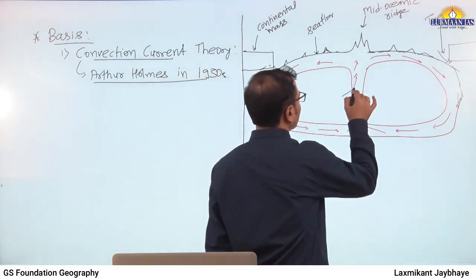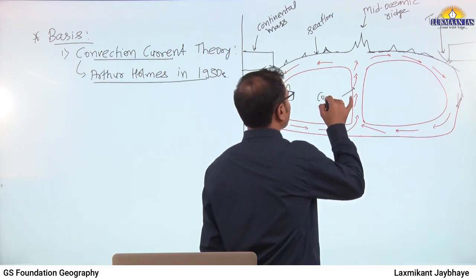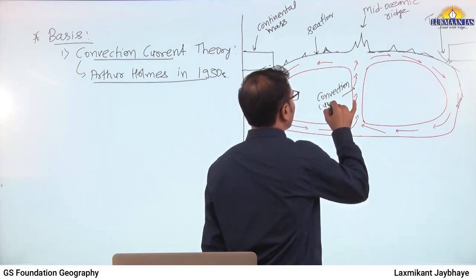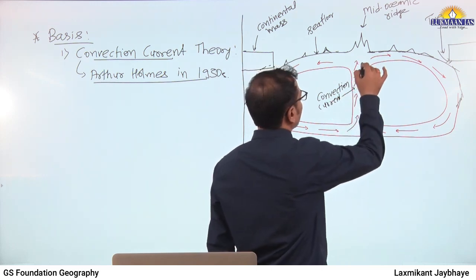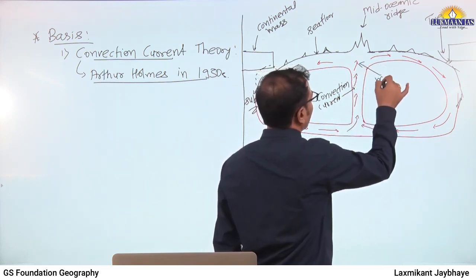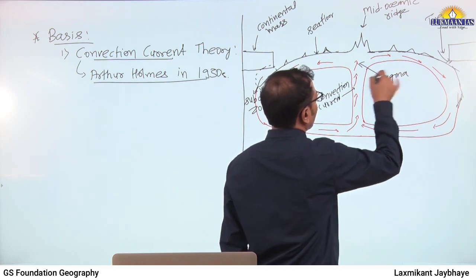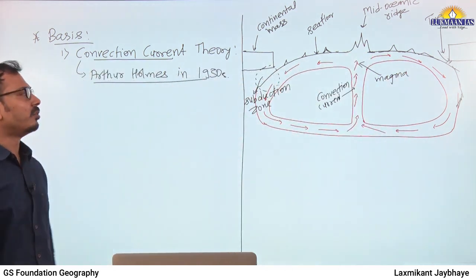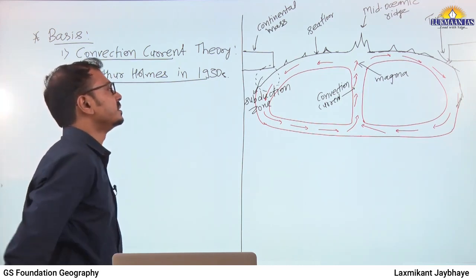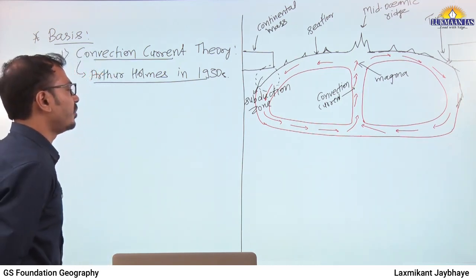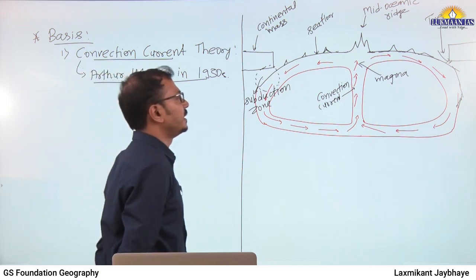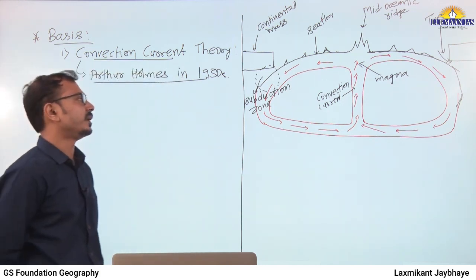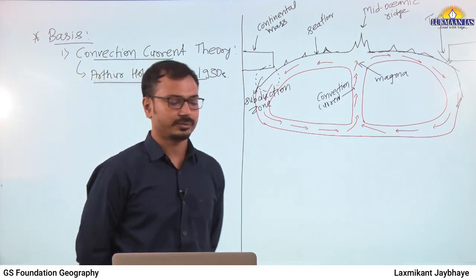This is the convection current. Here you can say that magma is flowing in this convection current in a cyclic manner, and that's why we are calling it convection current.